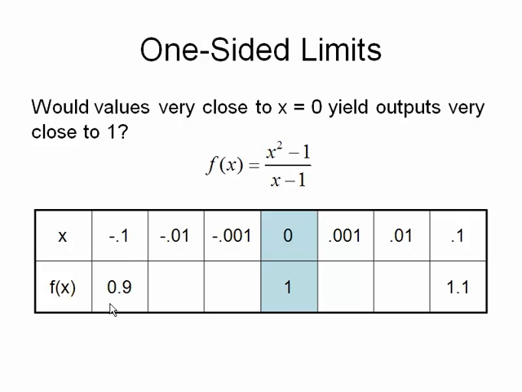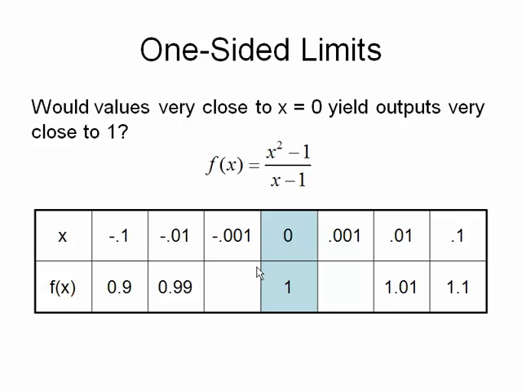Well, if I put in negative 0.1, I get out for f of negative 0.1, 0.9, and for f of 0.1 I get 1.1, which are indeed pretty close to 1. If I put in negative 0.01, I would get out of the function 0.99, and if I put in positive 0.01, I'd get 1.01, which again is very, very close to 1.